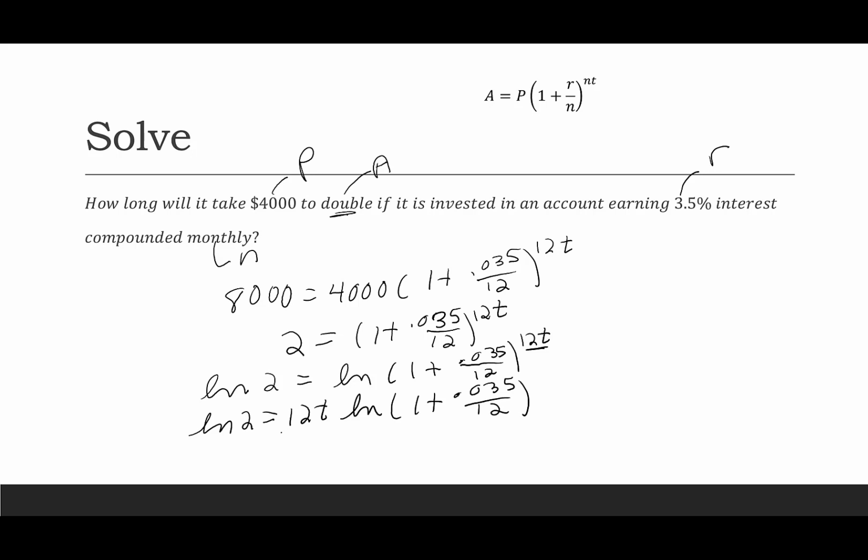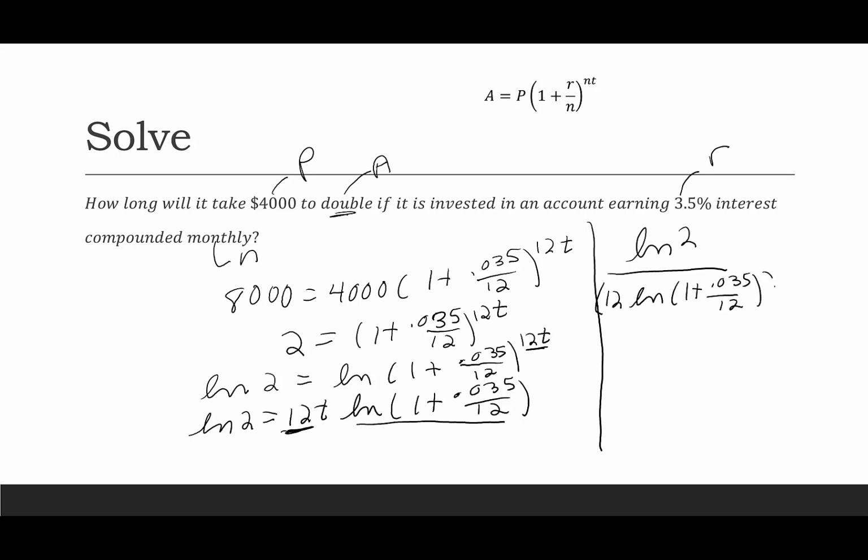So just like last time, I have these two pieces. I have the 12 and I have the natural log that I need to divide by. So I'm going to have the natural log of 2 over, let's put parentheses, 12 natural log of 1 plus 0.035 over 12, and this is going to give me t.